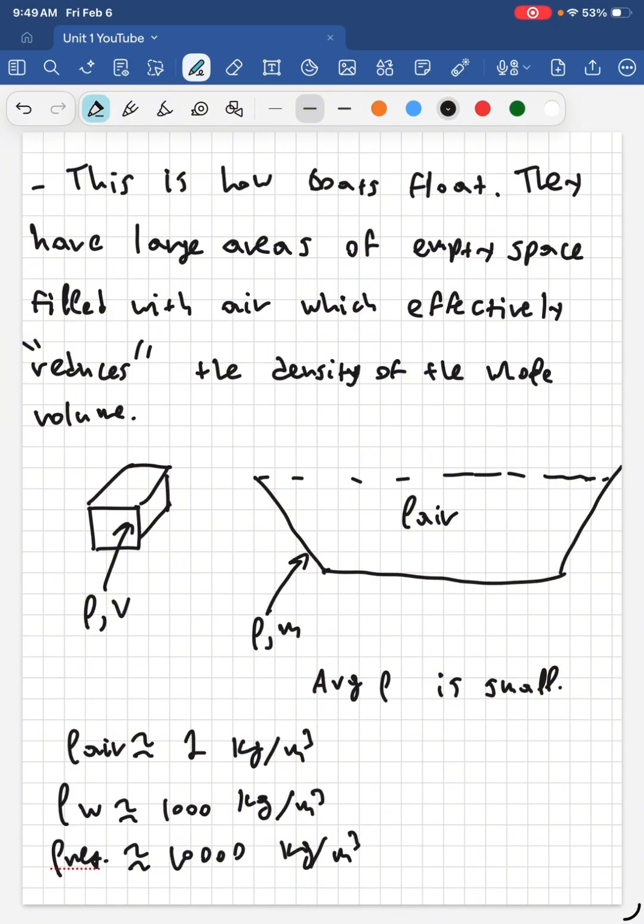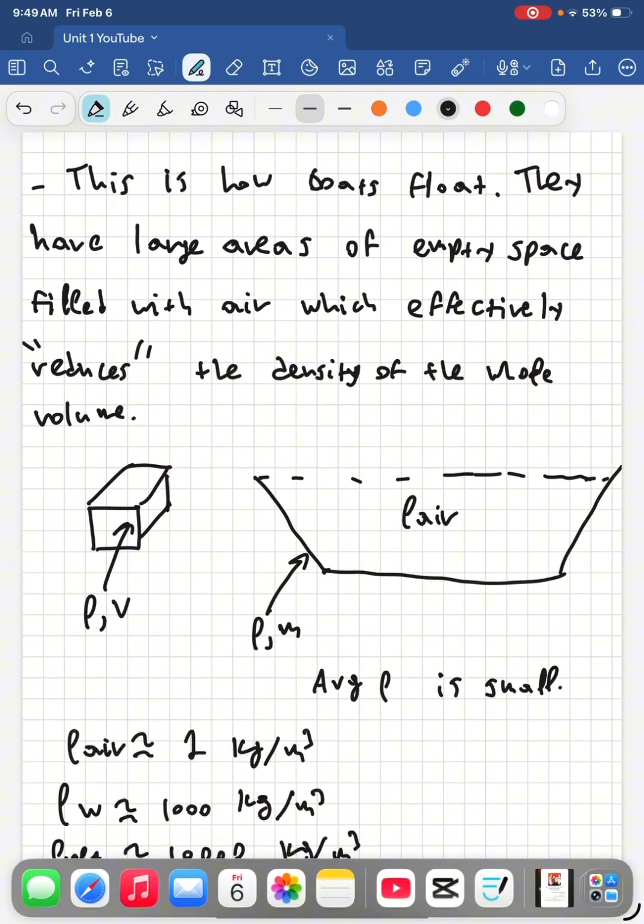So you try to cast the metal into a very, very large object that will contain lots of empty air, reducing the average density. And now it's time for the simulation I promised. I will probably cut this part of the video and just start with the simulation. So see you in a bit.